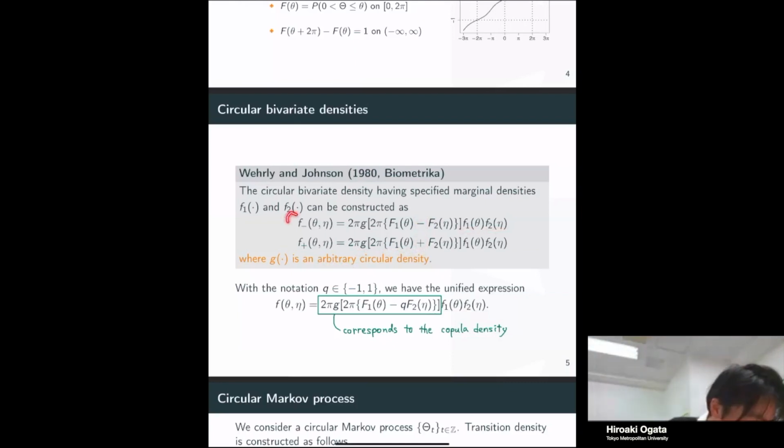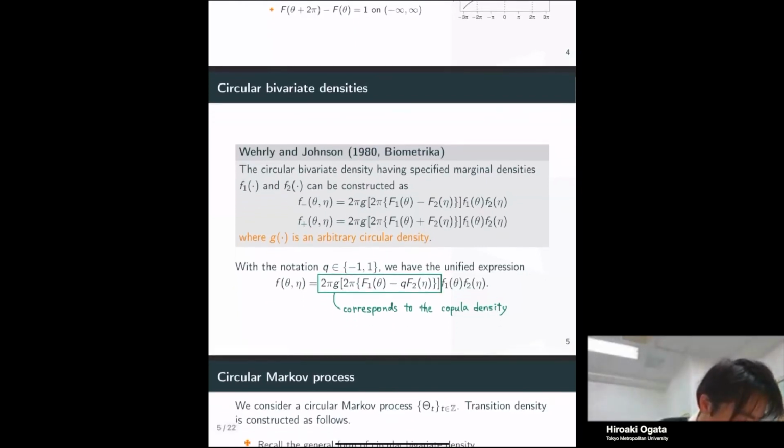To unify these two expressions, we use the notation q, which takes -1 or 1, to determine the sign. So anyway, this is the joint circular density and here are its marginals. This green box part links the joint density and the marginal densities, so we can think this part corresponds to the copula density.